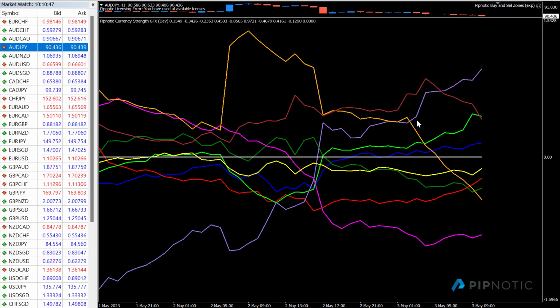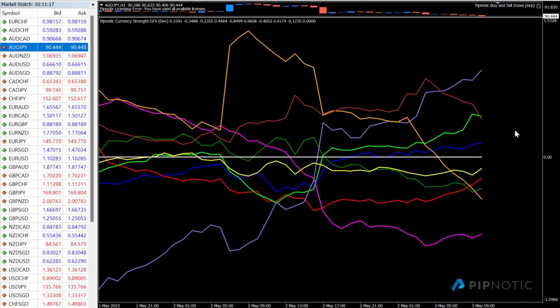You can see here that the Australian dollar is a relatively straight line, and the Japanese yen is also looking relatively straight in comparison to the others. That is telling us that the strength in the Japanese yen is likely a result of the weakness in the Australian dollar. So it's these two currencies that are being traded relative to each other more than any other currency.